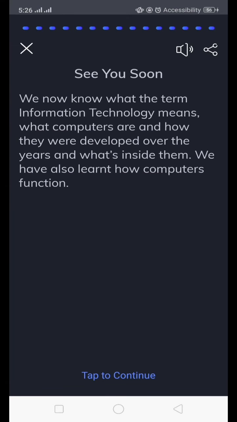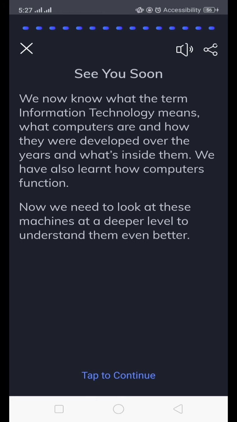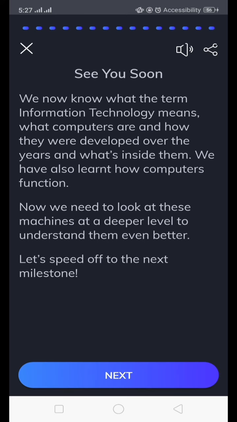We now know what the term information technology means, what computers are and how they were developed over the years, and what's inside them. We have also learned how computers function. Now we need to look at these machines at a deeper level to understand them even better. Let's speed off to the next milestone.